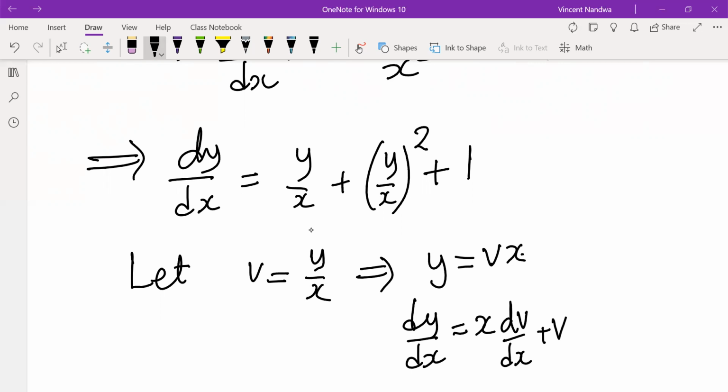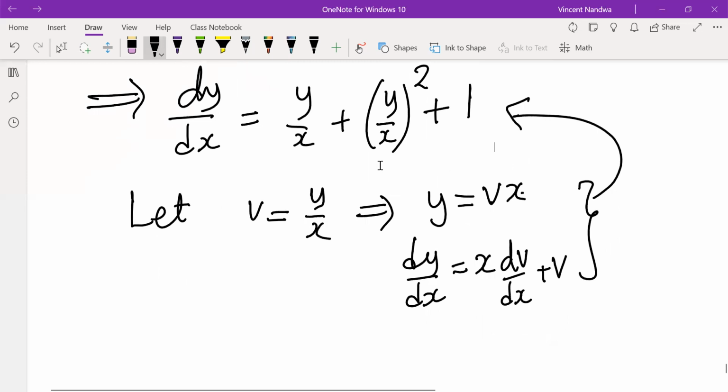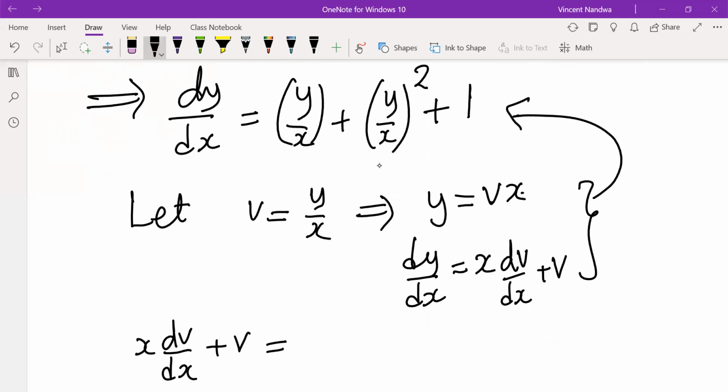So then now we use this and substitute the values in the differential equation that we have. Where this dy/dx we replace by x dv/dx plus v. This one by definition is v. This will be v squared and then plus 1.